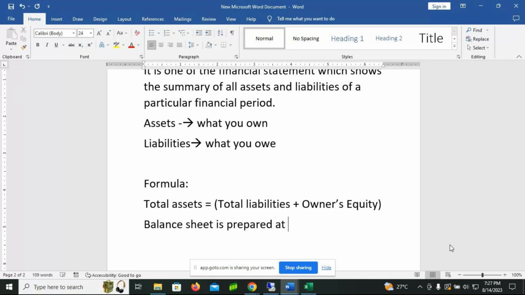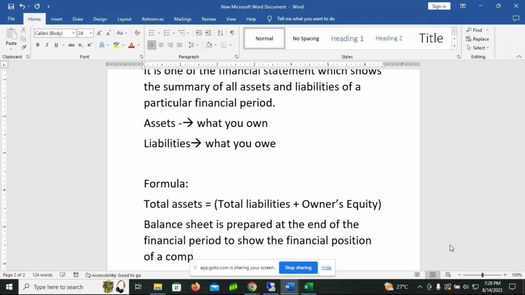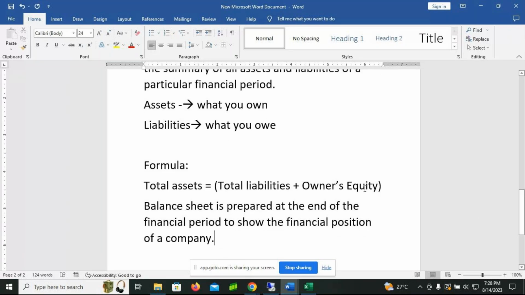It is prepared at the end of the financial period to show the financial position of a company. Okay. Understood, guys?